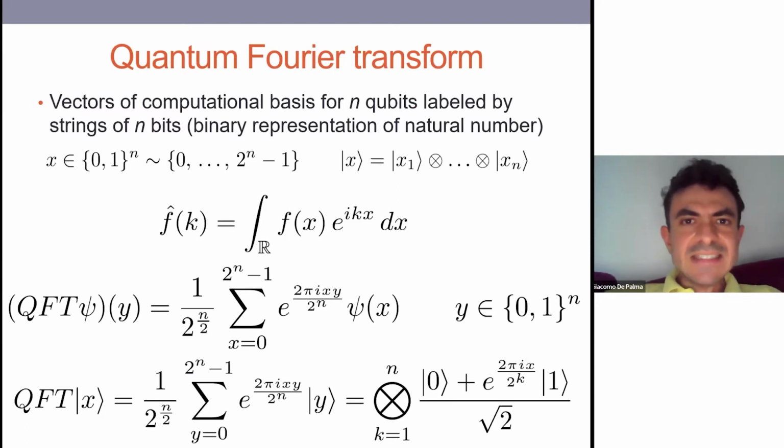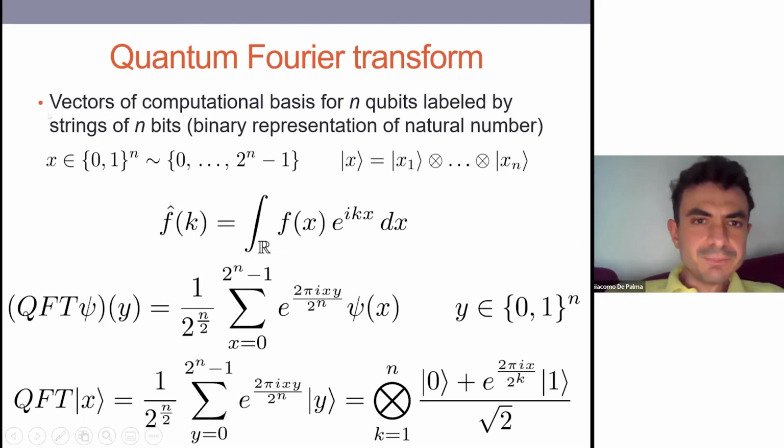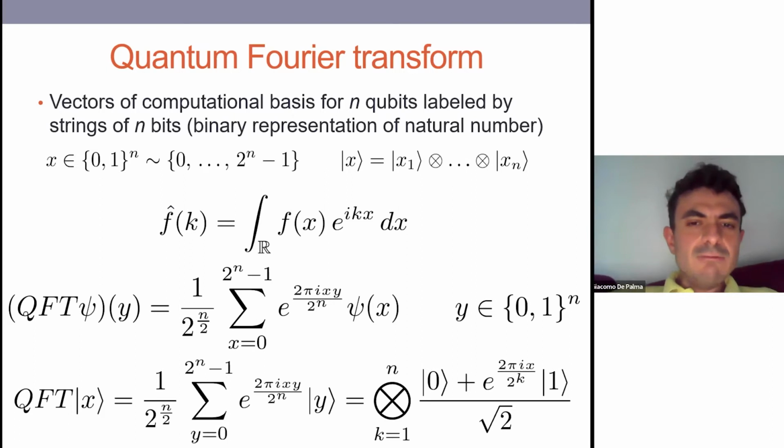Okay, so let's start from the first subroutine, which is the quantum Fourier transform. Like we said, we have the computational basis for a single qubit, which is the Z basis.